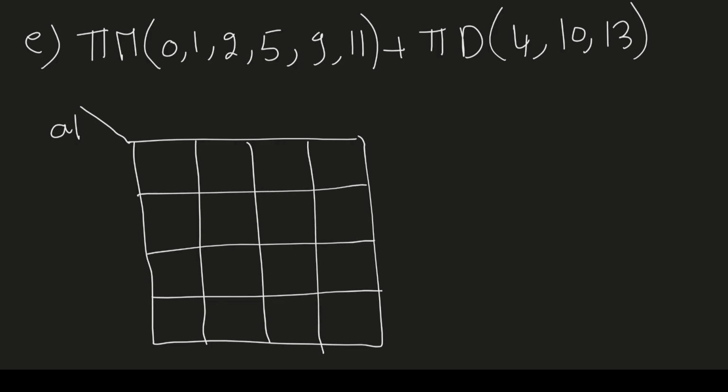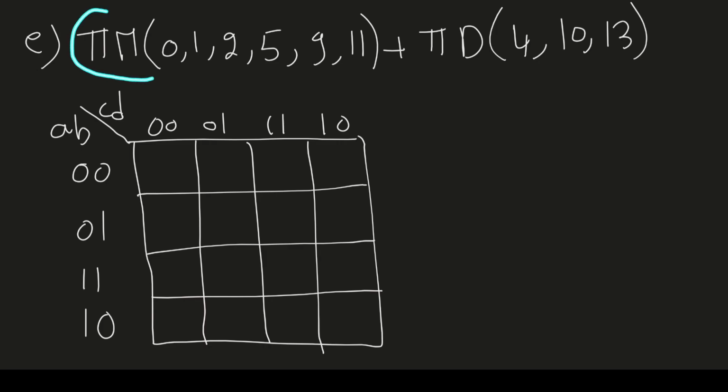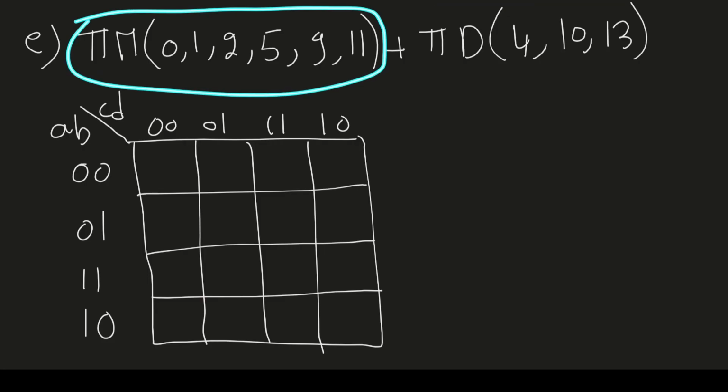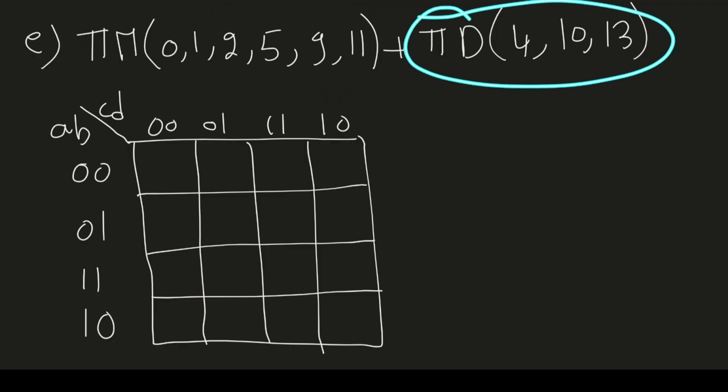Let's call them A, B, C, D. And we have 0, 0, 0, 1, 1, 1, 1, 0, 0, 0, 0, 1, 1, 1, 1, 0. But now we have to pay attention. So these, when we have the product, that's the max terms. And then in this location, we're going to put 0, not 1. And then in this location, we're going to put a don't care.